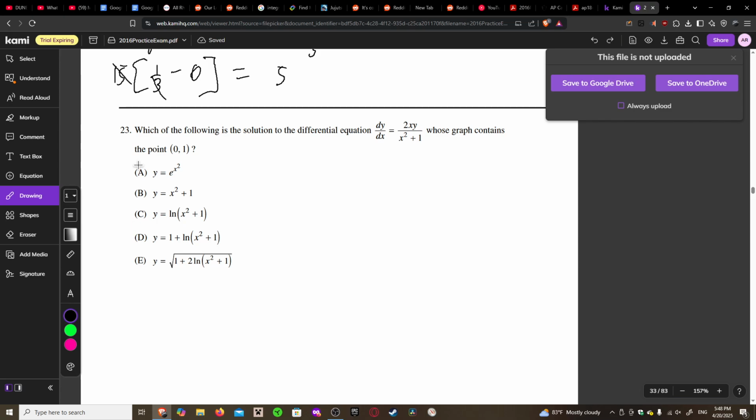It means if I differentiated it, first of all, let's find dy dx at 0, 1. 2xy over x squared plus 1 is equal to 2 times 0.